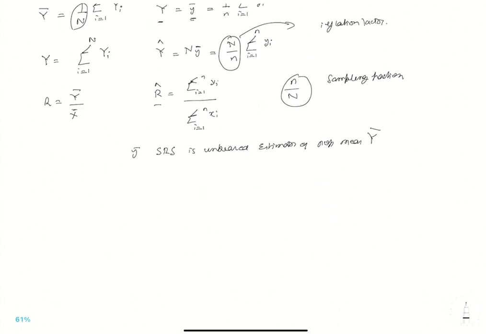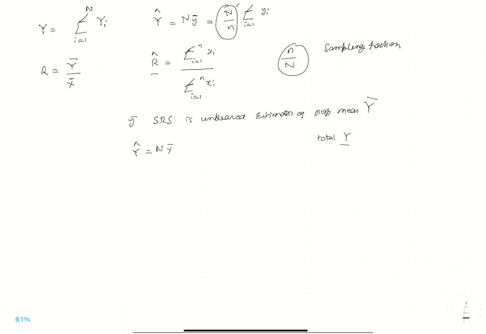And the estimator Y hat equals N y bar is an unbiased estimator of the population total Y. So the expectation of y bar is Y bar: all the y bars that you have collected along with their probabilities will give you this. And the expectation of Y hat is Y. That is why they are unbiased estimators.